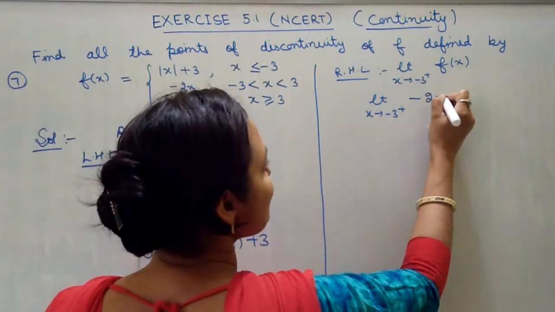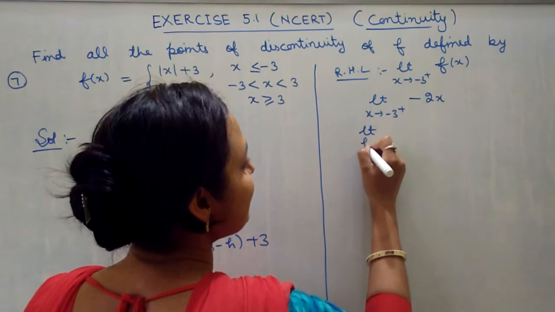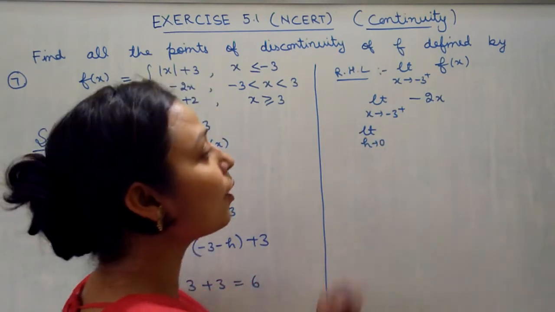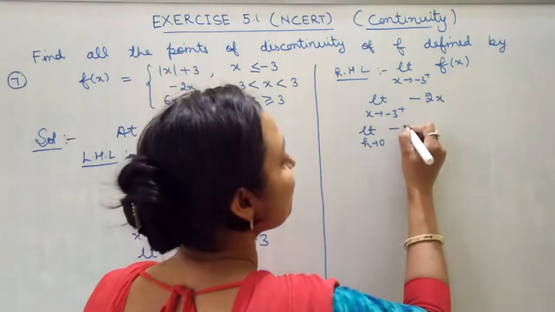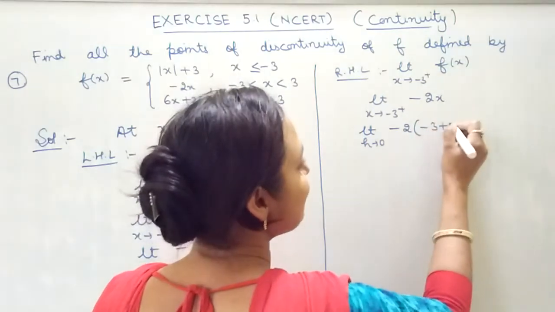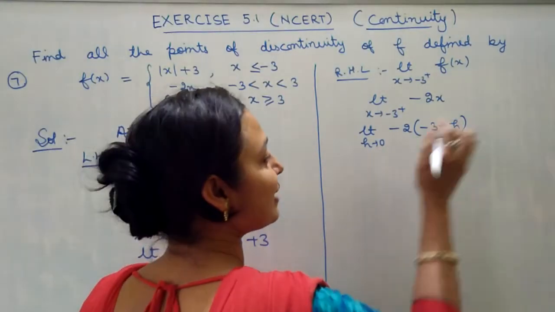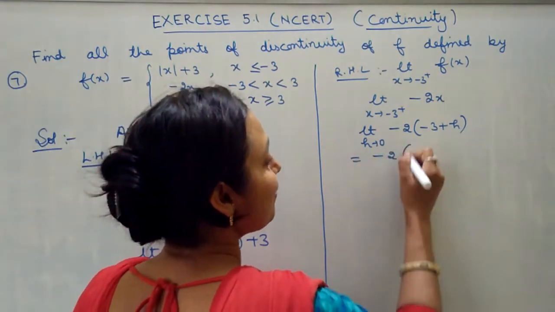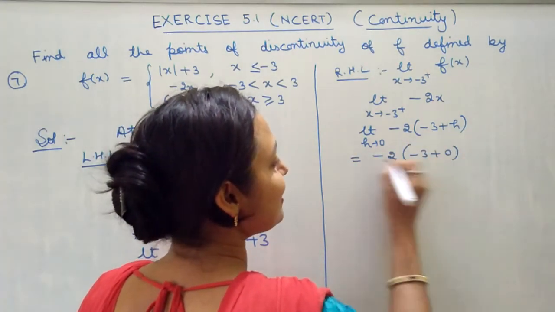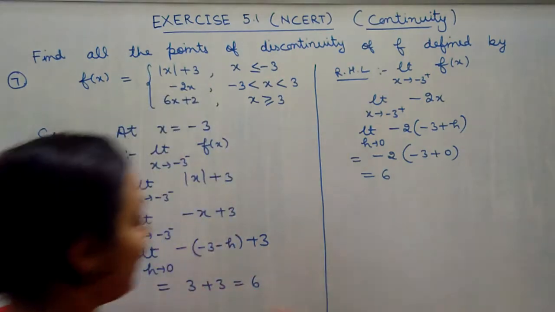So I will write -2x. Now I will change it by h approaches to 0. In the right hand limit, the value of x will change as -3 plus h. Put the value of h as 0: -2 times -3 is 6.